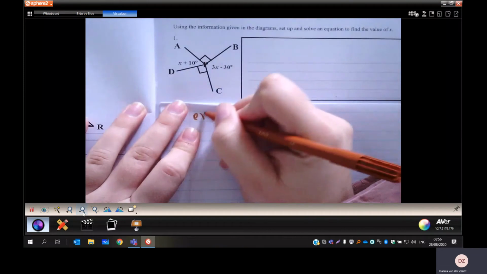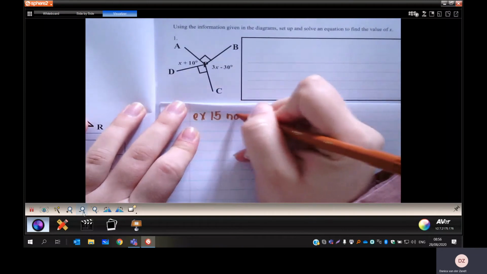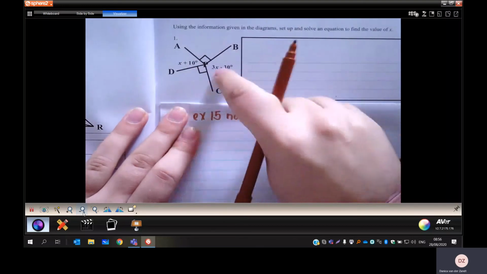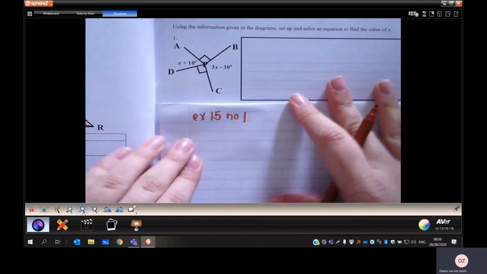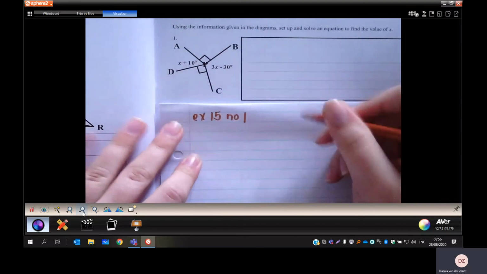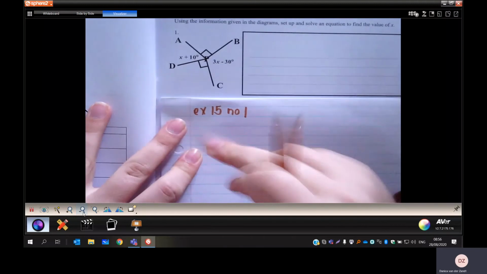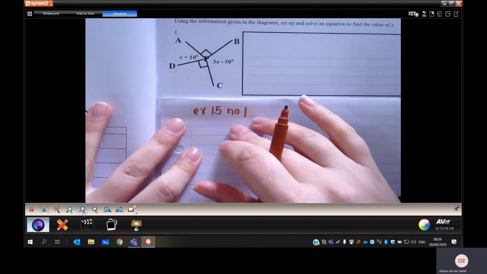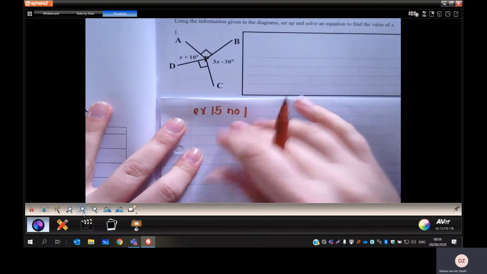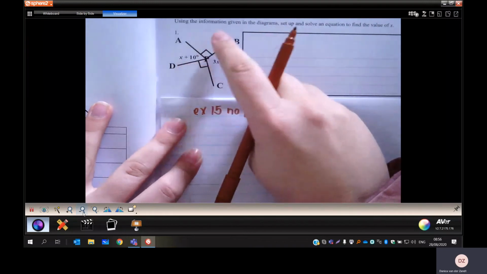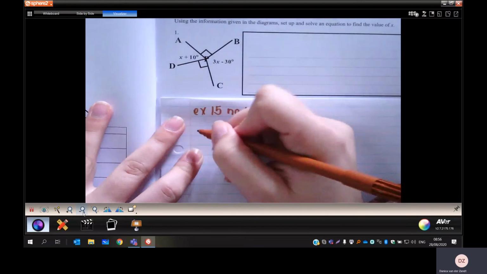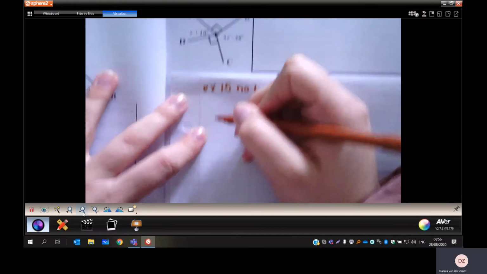Okay, exercise 15, number 1. So we already decided that we could see there was 1, 2, 3, 4 angles around a point, and we called that angles of a revolution. What did we do before when we had normal numbers? We said that plus that plus that plus that equals 360. So I'm going to do that again.